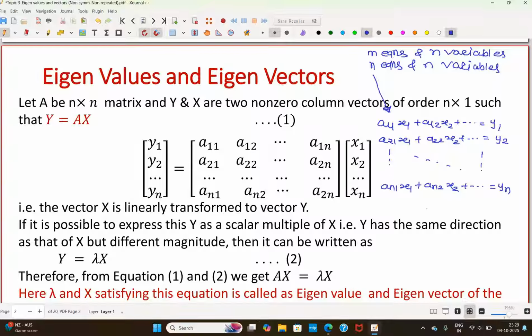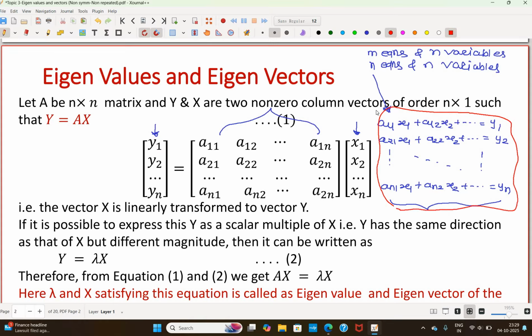Correct? Now this system talks about certain transformations from xi's to yi's by means of this particular matrix. Once again, we are going to abbreviate this system in matrix notation.